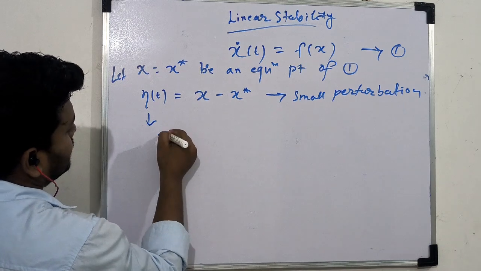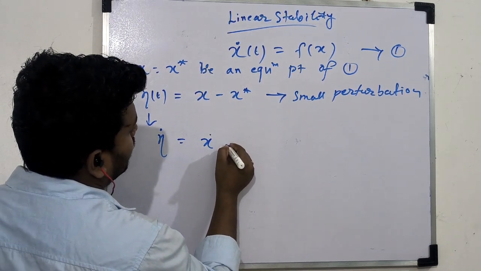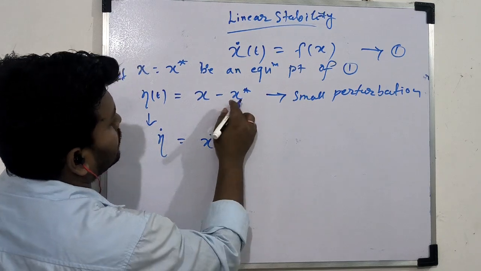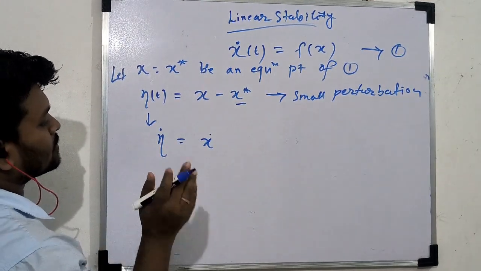Then this eta dot can be written as x dot, since x star is constant, and dot means differentiation with respect to t.